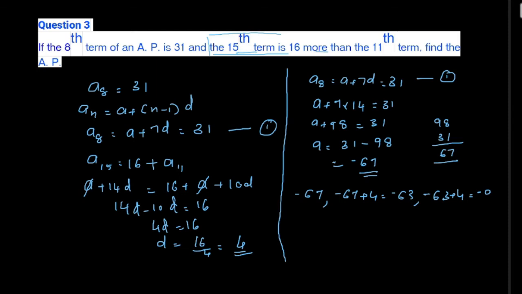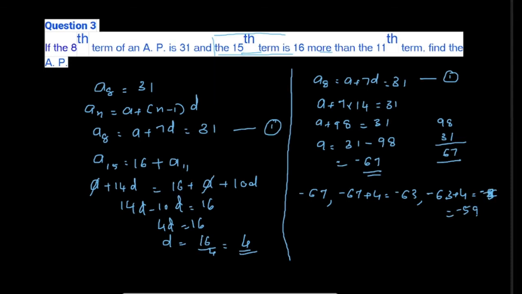Now the next term also we can find by adding 4 to each term, hence we will be getting the succeeding terms. Minus 59 plus 4 and so on. So what is the AP? AP is minus 67, minus 63, minus 59, then minus 55 and so on. This is the AP, right?